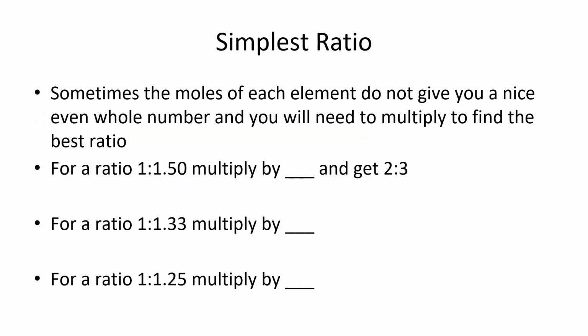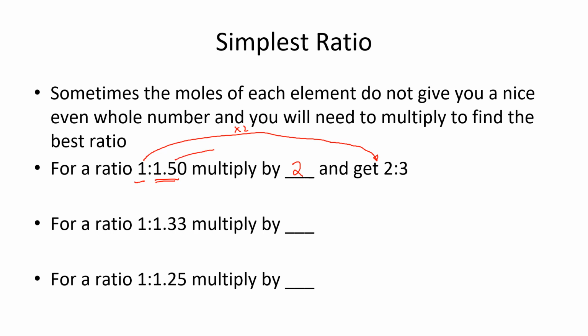So our first example was very nice because our lowest whole proportions came out to be nice even numbers. But that doesn't always work out to be the case. And if you end up with a decimal in your ratio, you can multiply by some quantity in order to get a whole number ratio. So if it was a ratio of 1 to 1.5, if you multiply everything by 2, 1 times 2 gets you to 2, right?